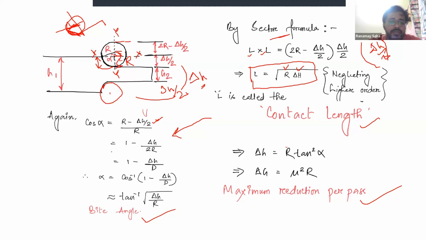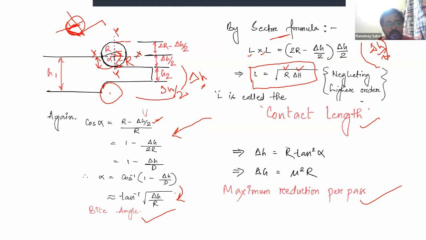And using that, you just factorize or divide that to get 1 minus del h by twice the radius R. That is actually 1 minus del h by the diameter of the roll D. From that, you can get alpha as cos inverse of 1 minus del h by D. Further, this is almost equal to tan inverse of square root of del h by R. Okay, both are the same thing.